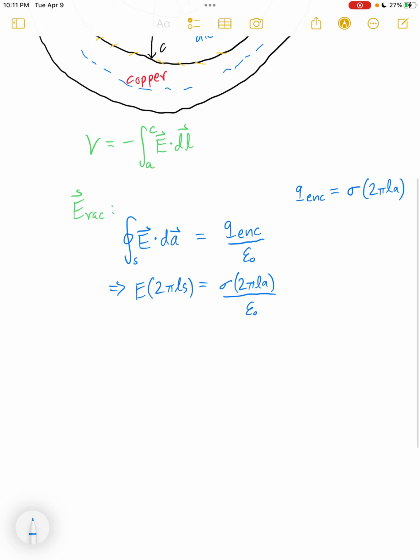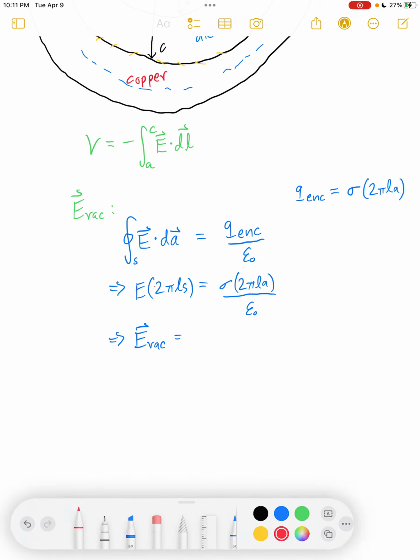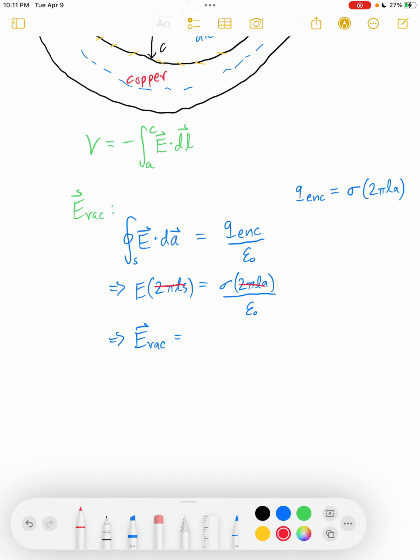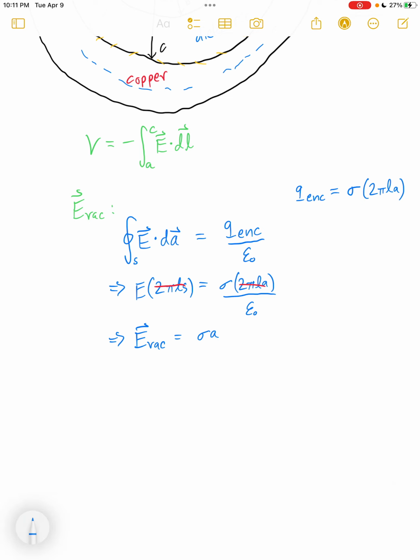Further simplifying, you can see that this 2 pi L cancels. So E vac is equal to sigma A over epsilon 0 S in the S hat direction, right?